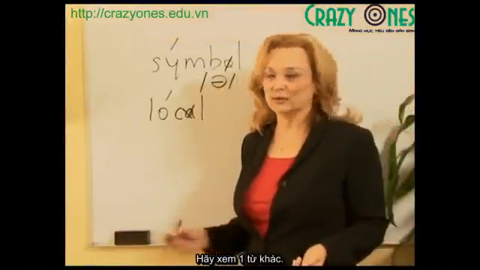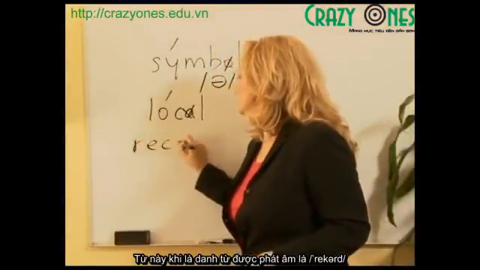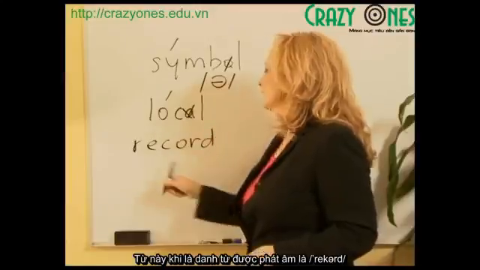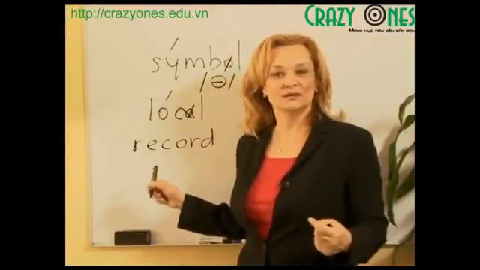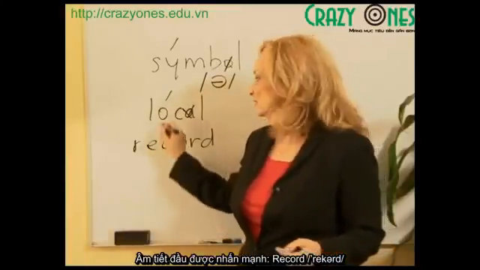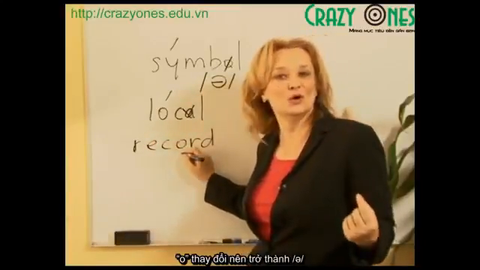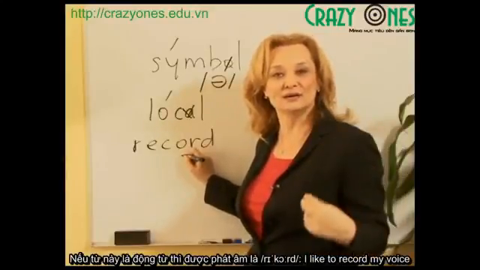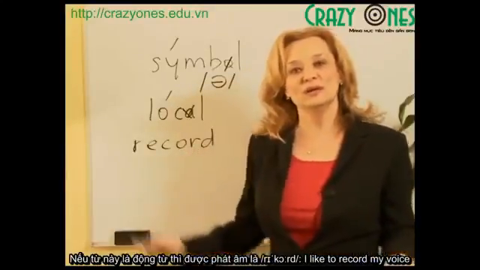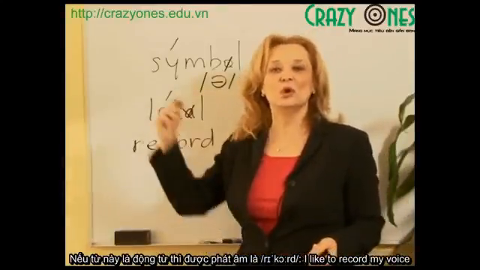Let's look at another word. This word, if it's a noun, is pronounced as record. The first syllable is stressed. This O changes. So it's not O, it's uh. If it's a verb, this word is pronounced record.